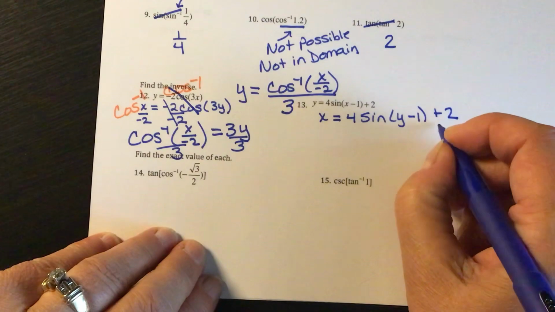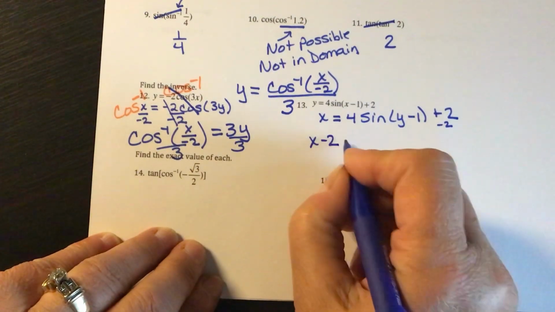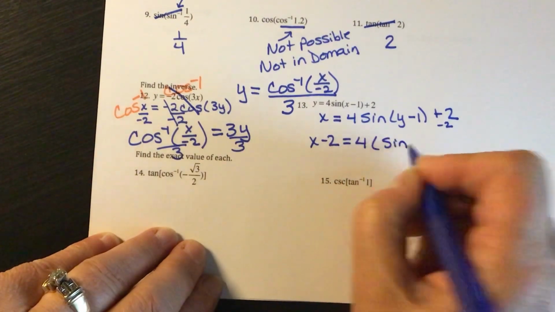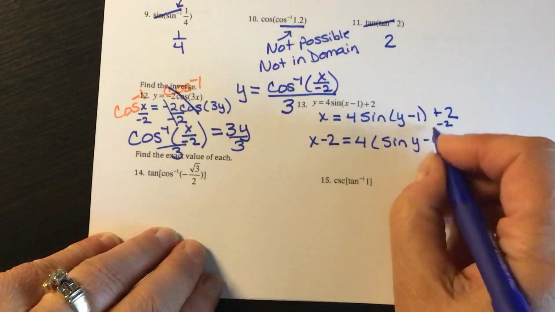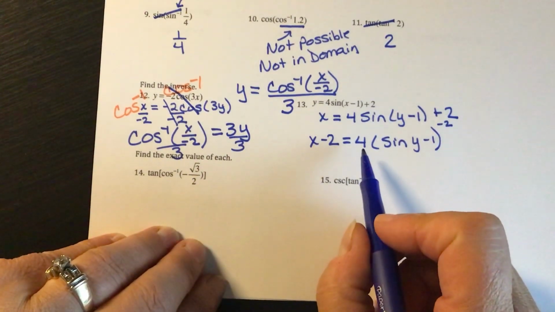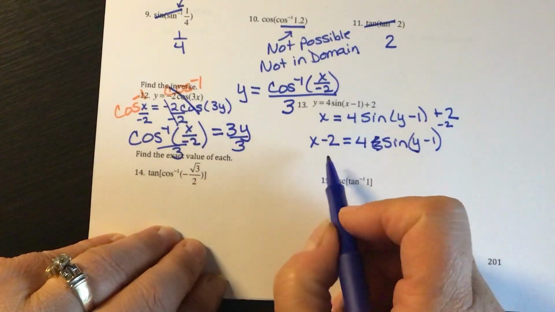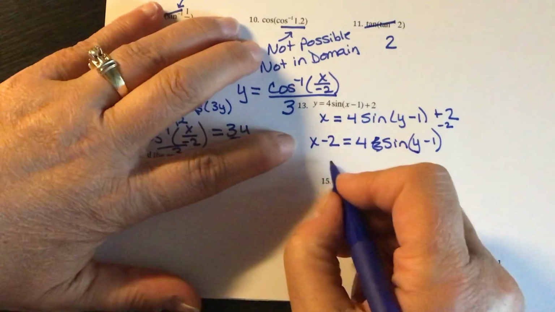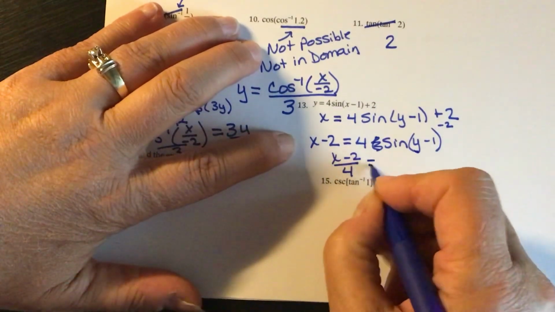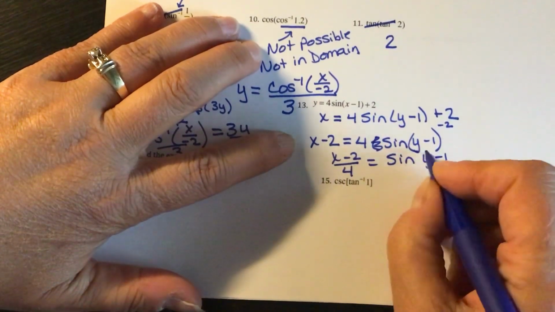So the first thing I'll do is subtract 2. So I have x minus 2 is 4 times sine of y minus 1. Then I want to divide by 4. So I have x minus 2 over 4 equals sine of y minus 1.